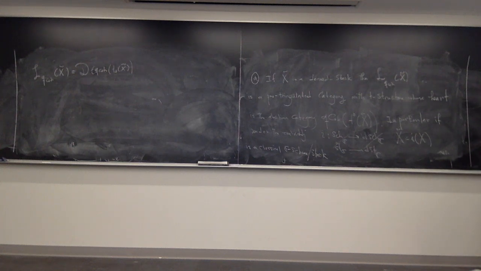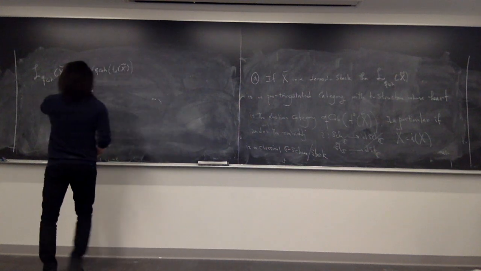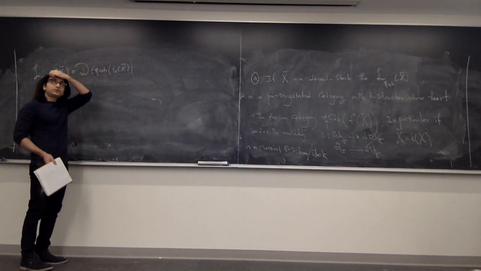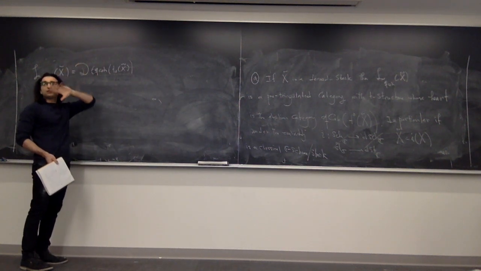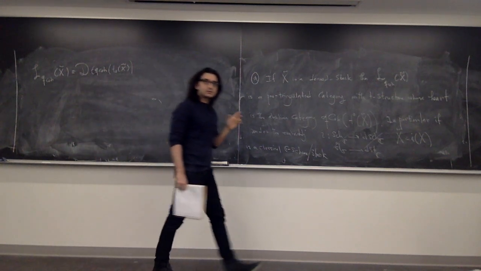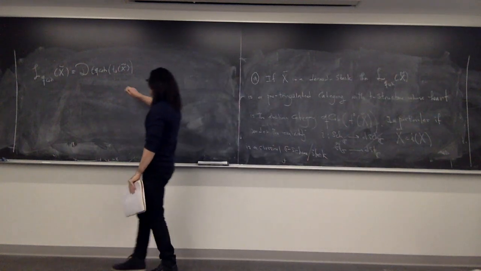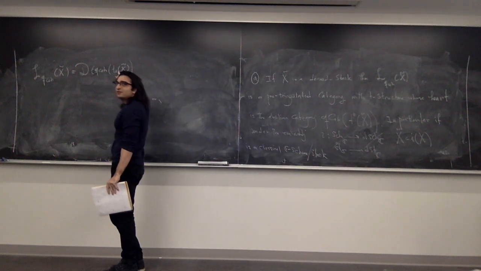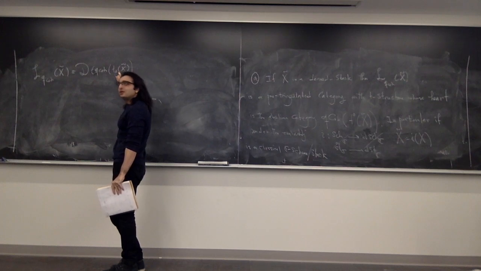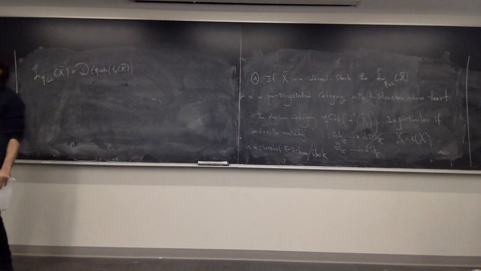Okay. So please note one thing, which is also something we discussed in the CDGA and the DG schemes: even if you're giving me a DG scheme, so you have a derived scheme, locally covered by DG schemes, remember that the truncation of a DG scheme is not a scheme over the spectrum of the A0 part.